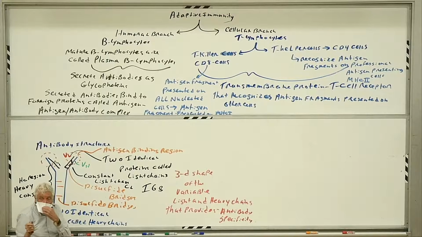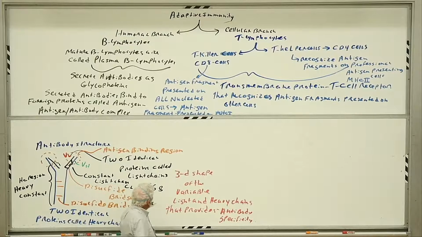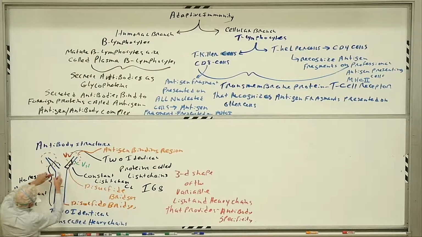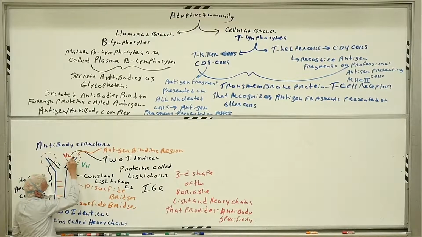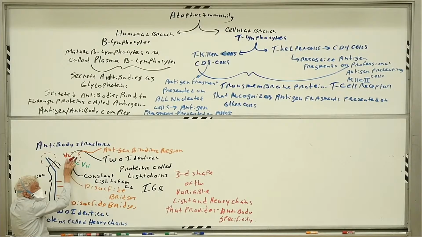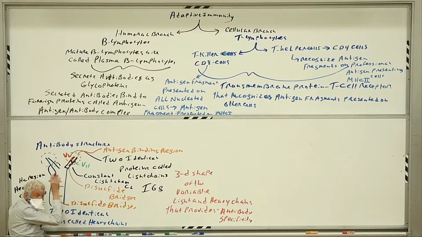So any questions up to there? Yes? Where's the variable light region? The variable light region is out here on the end of the short arm of the Y. So this is going to be the variable light region in here. And this is going to be the variable heavy region in there. And we draw these in 2 dimensions, but they're a proper 3-dimensional protein because it's an amino acid sequence and it's folded into a 3-dimensional shape.